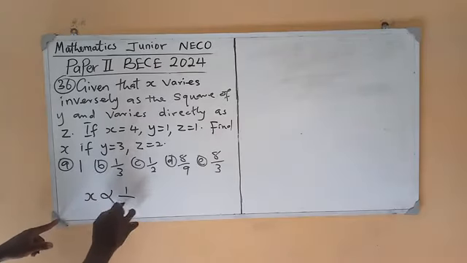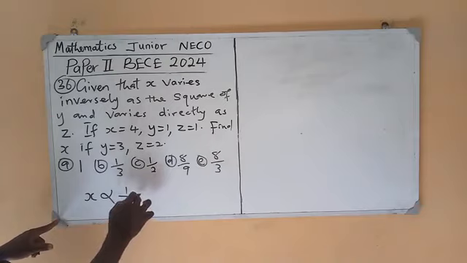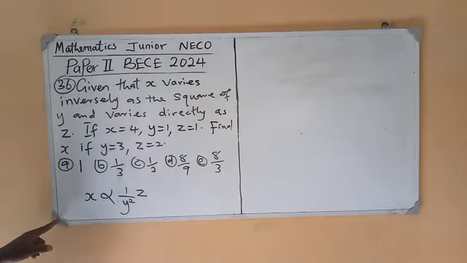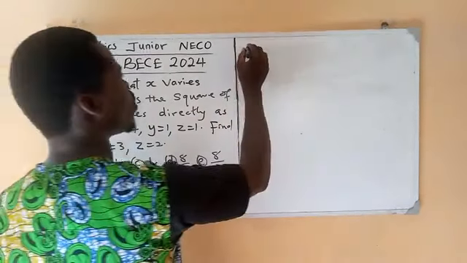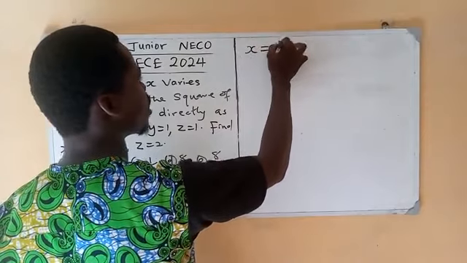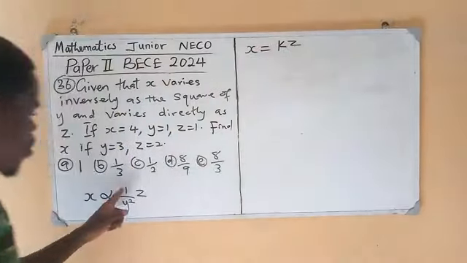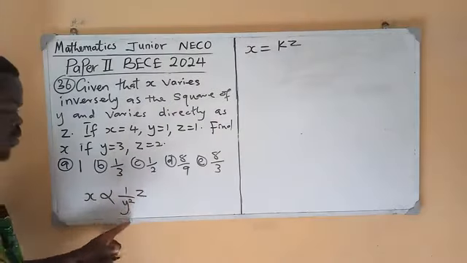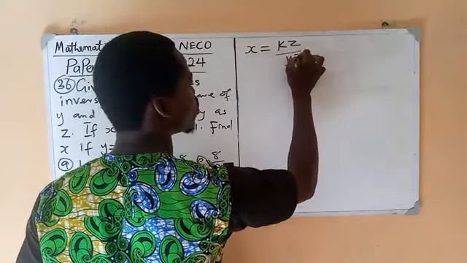Okay, to interpret the question, x varies inversely as the square of y and directly as z. So to bring in the constant of proportionality, you have x equal to kz, that is k multiplied by z, all over y squared.